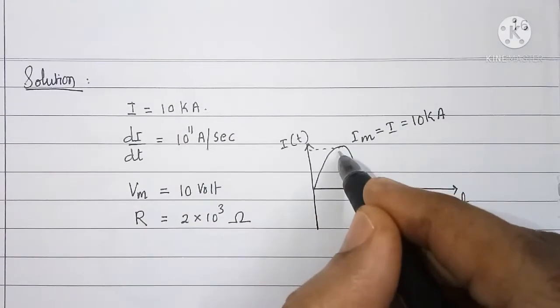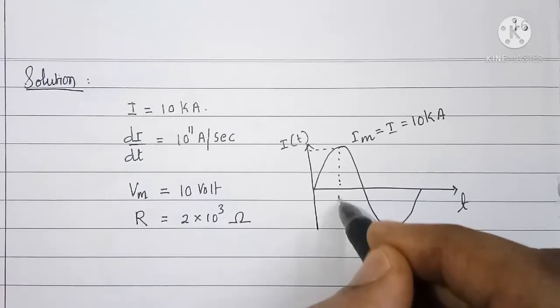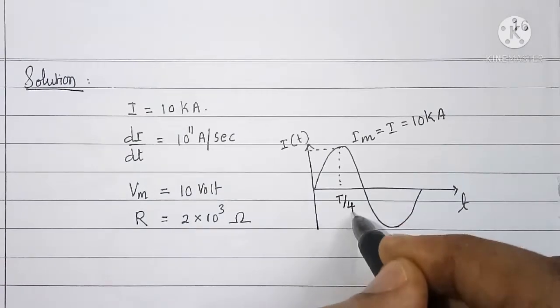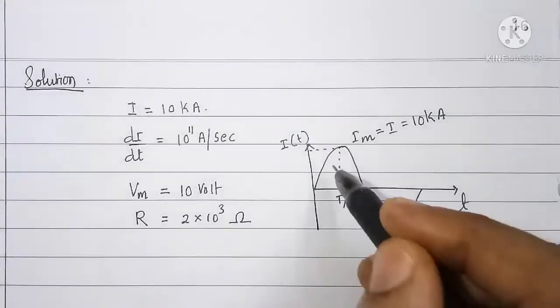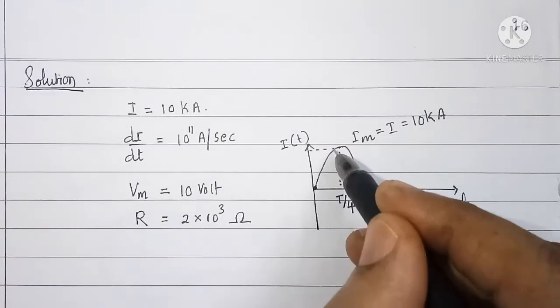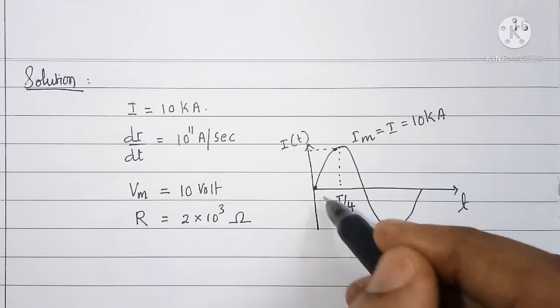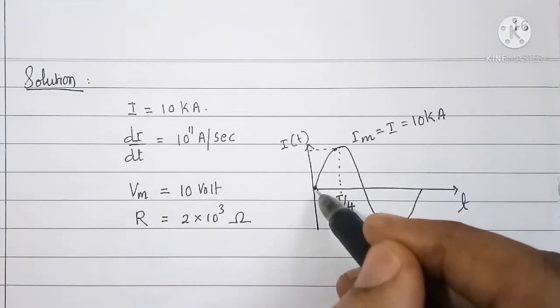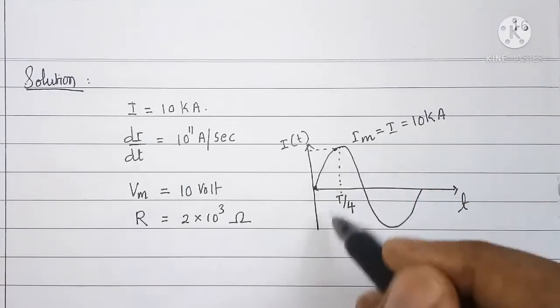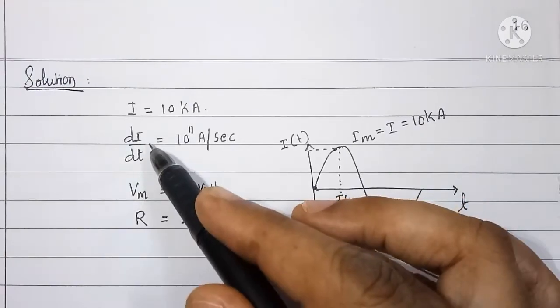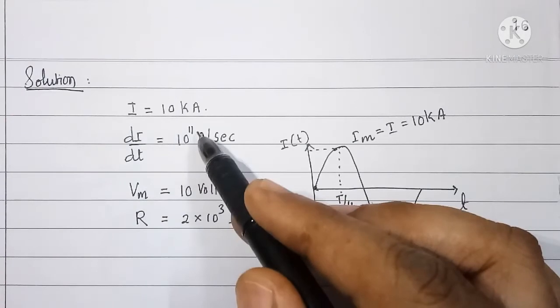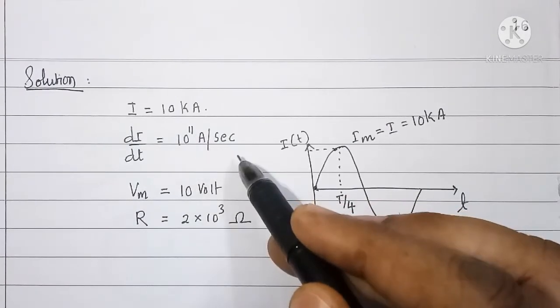To reach this current, T by 4 second of time is required. And in this region, that is from 0 to T by 4, the current will be changing with a rate of 10 raised to 11 amperes per second.